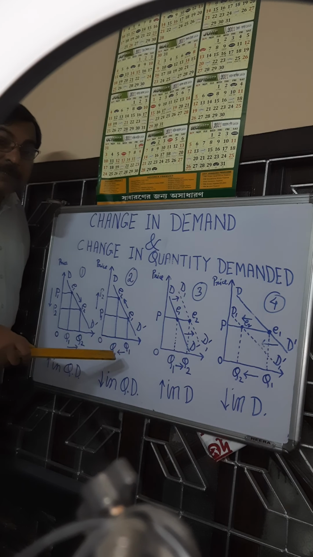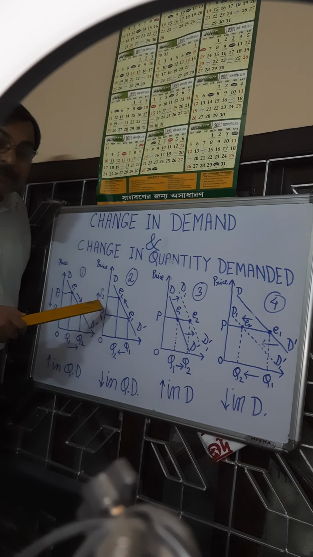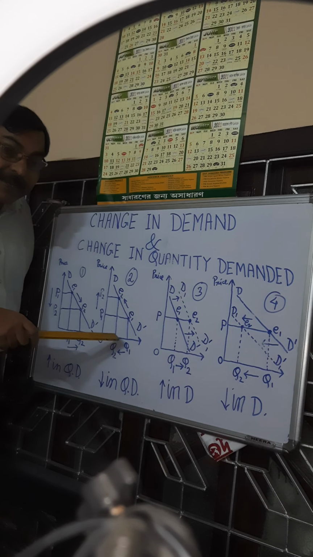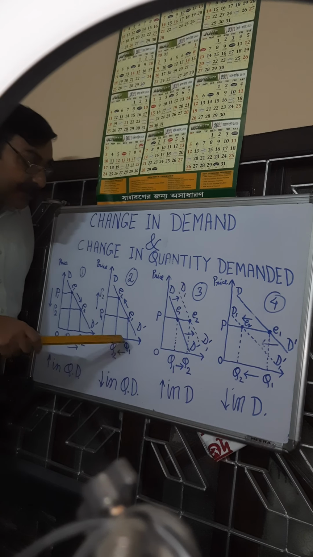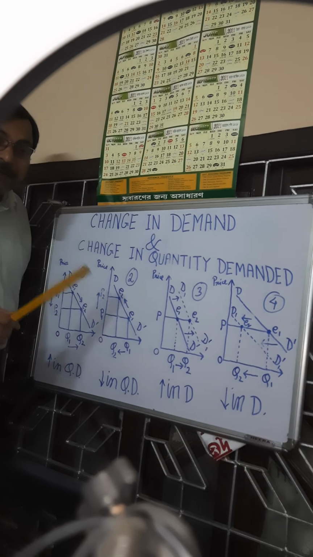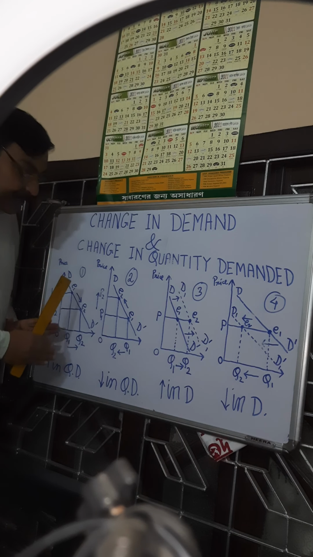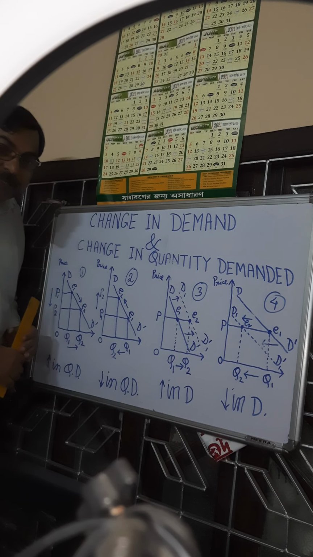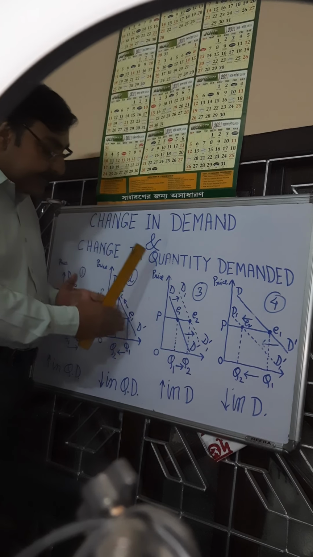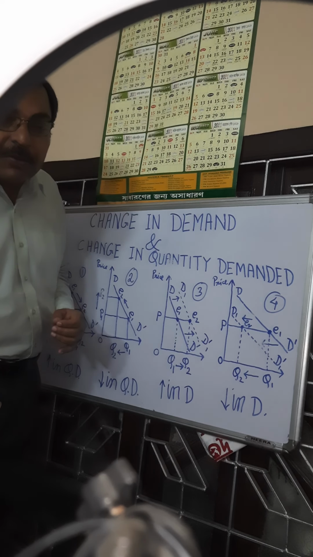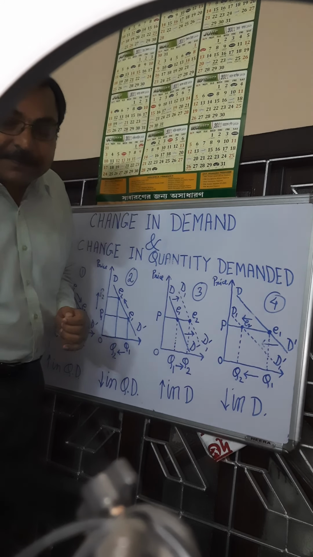And this diagram explains fall in demand due to rise in price, so it is decrease in quantity demanded or contraction of demand. Change in quantity demanded is of two types: increase in quantity demanded or extension of demand, and decrease in quantity demanded or contraction of demand.